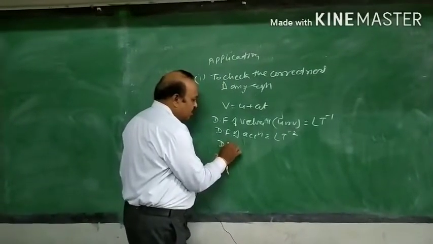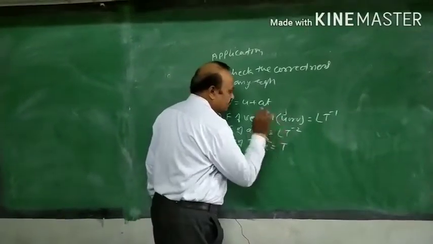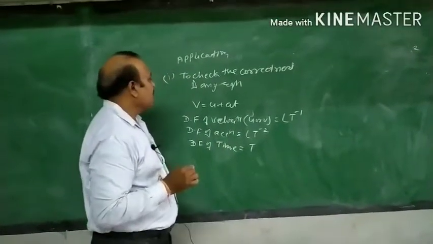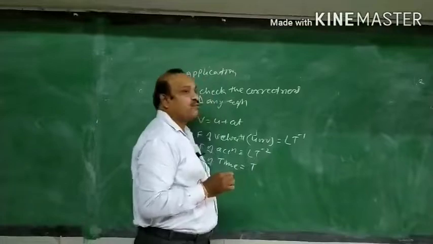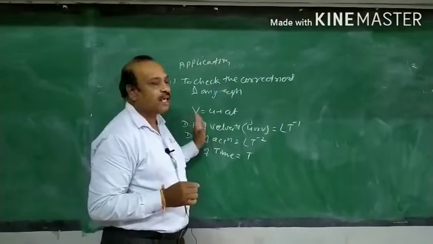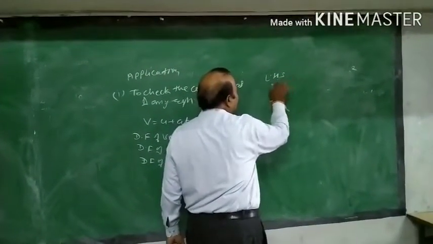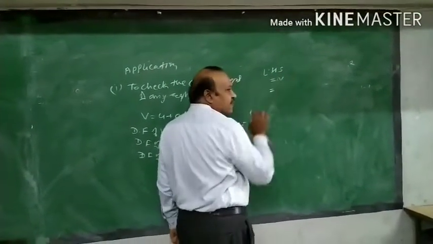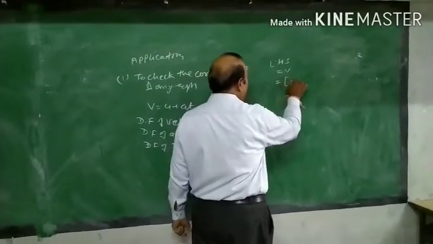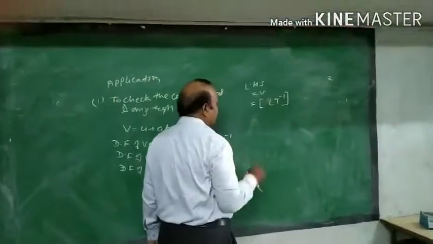The dimension formula of time is T. Okay. Now, by the principle of homogeneity, LHS and RHS both should be equal. Now we take LHS. LHS is V. V is the velocity and its dimension formula is L T to the power minus 1.